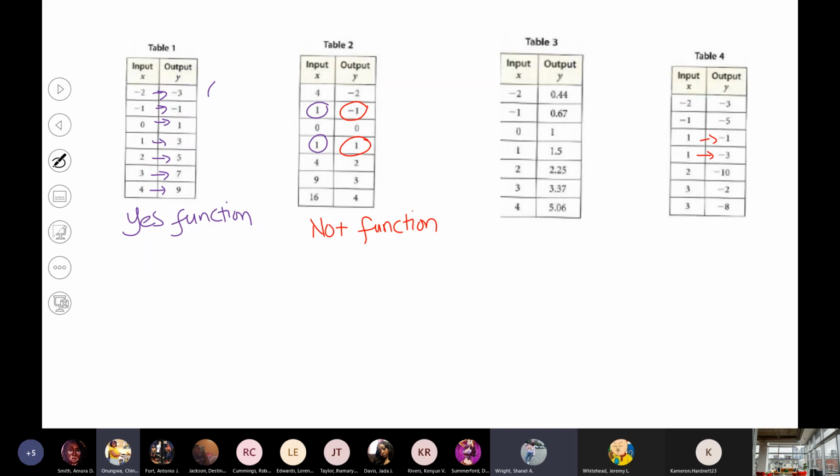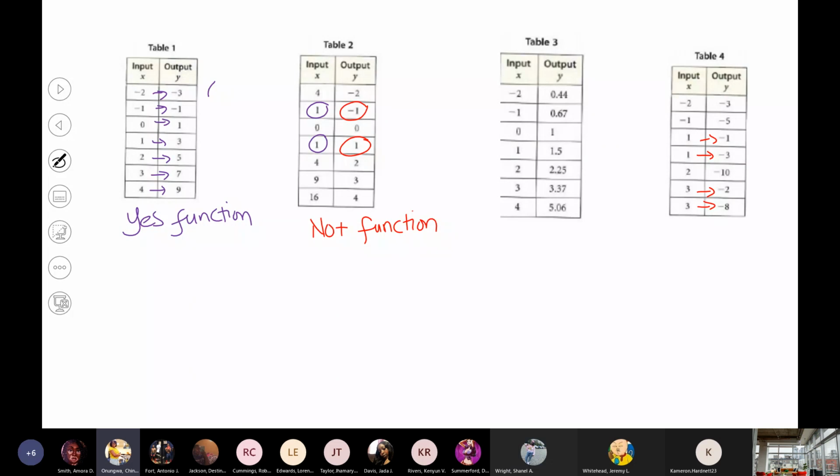Good. You observed that for 1, we have 2 different outputs, -1 and -3 for the same x. So it can't happen. Is there another one that does that? Yes, it's 3 and 3. 1 3 goes to -2, and the other one goes to -8. Perfect. That's why I would say it's not a function.